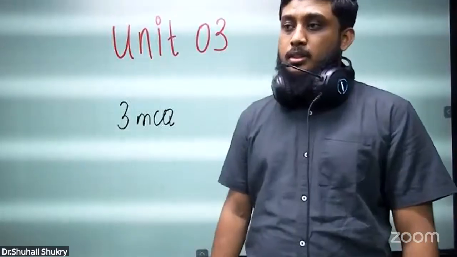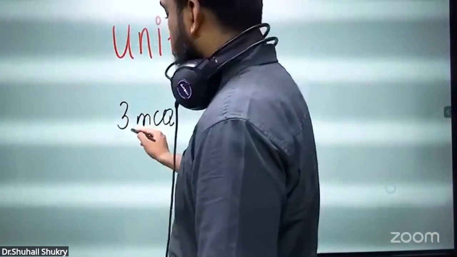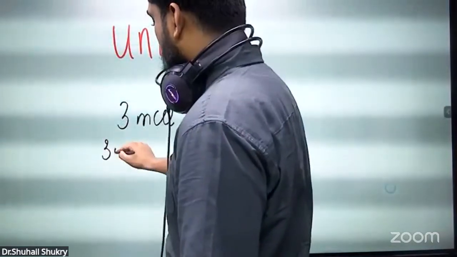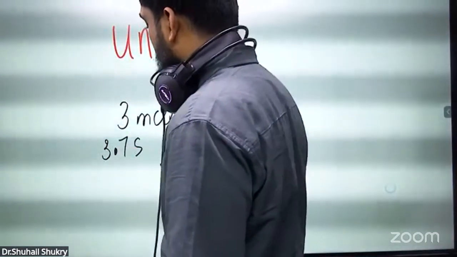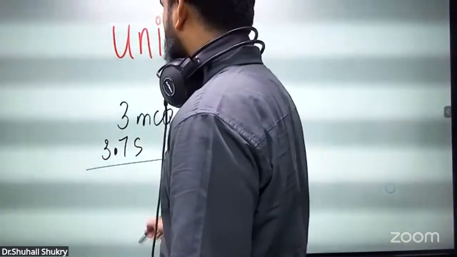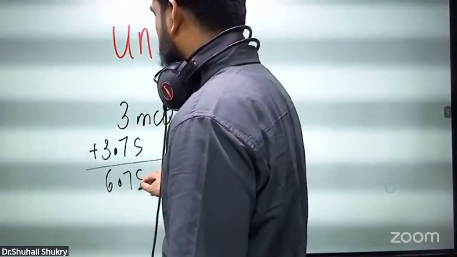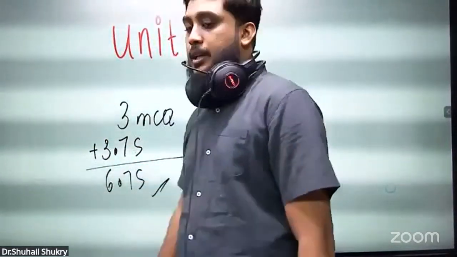You have 3.75 marks. You need inorganic support as well, but we'll take 3.75. Then finally, these 3 and 3.75 together, you get 6.75 marks in the paper.